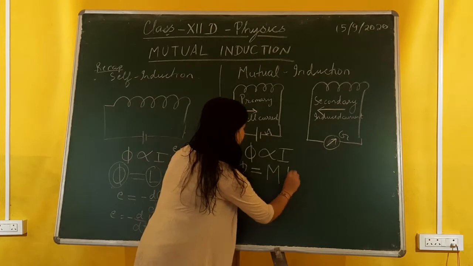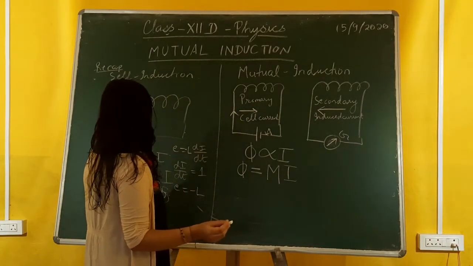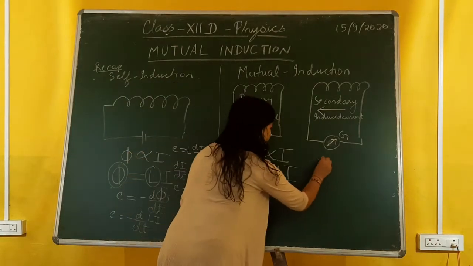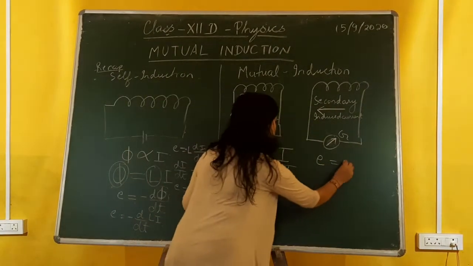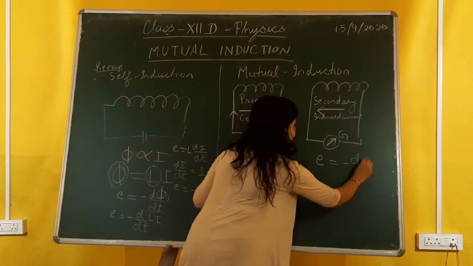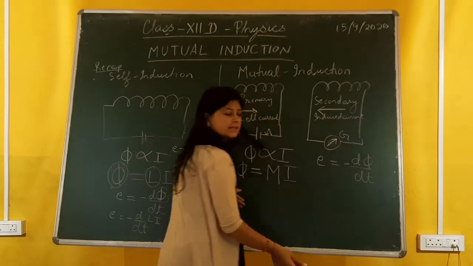M into I. Now, you know EMF induced is equal to minus the rate of change of magnetic flux linked with the coil from Faraday's law.